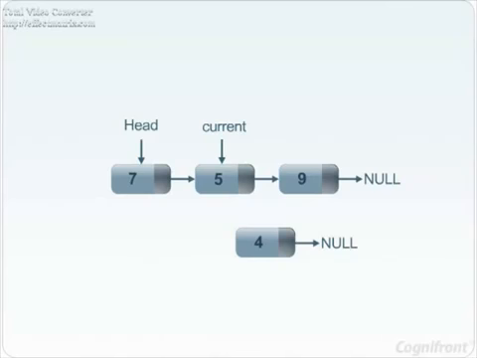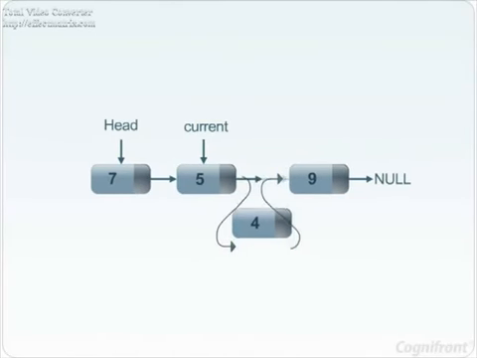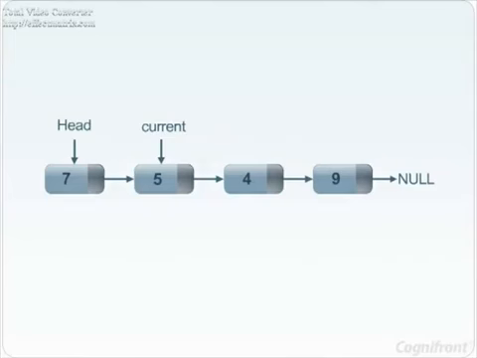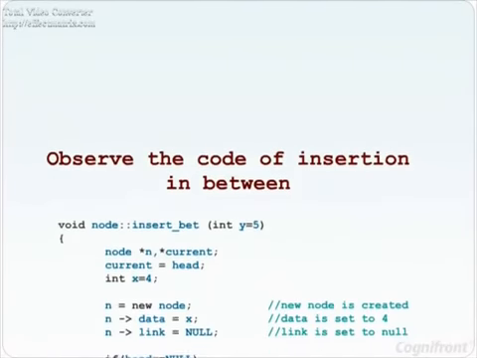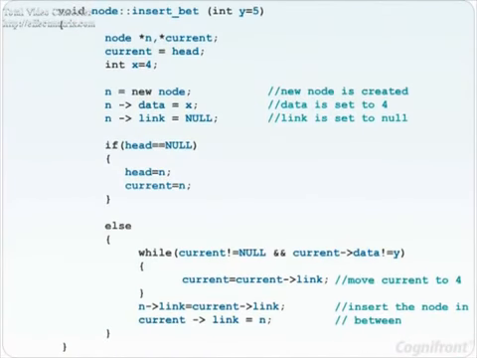Here it is a second node. Assign its link pointer to new node and assign the link pointer of a new node to the third node. And lastly, delete the previous link between second and third node. Observe the function of inserting a node in between.